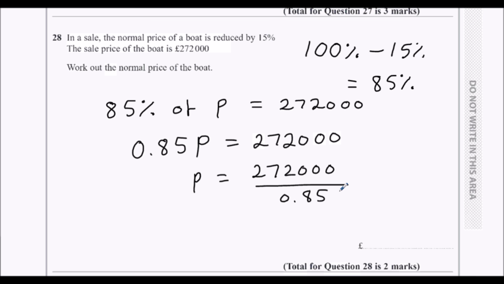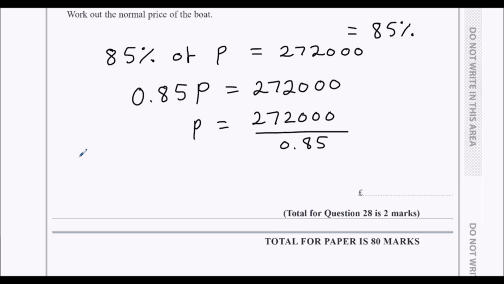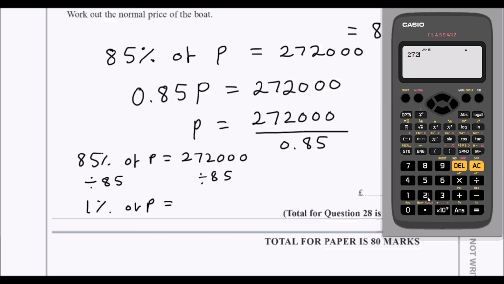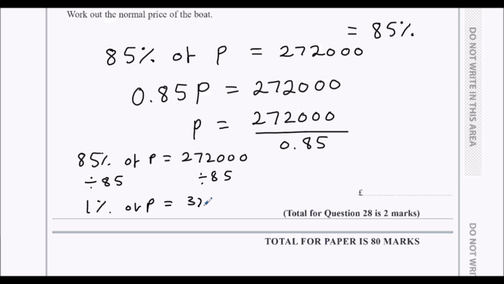To find P, we could also say if 85% of P is 272,000, if I divide both sides by 85, I will find 1% of P. So 272,000 divided by 85 is 3,200, and then times by 100 to get 100%.